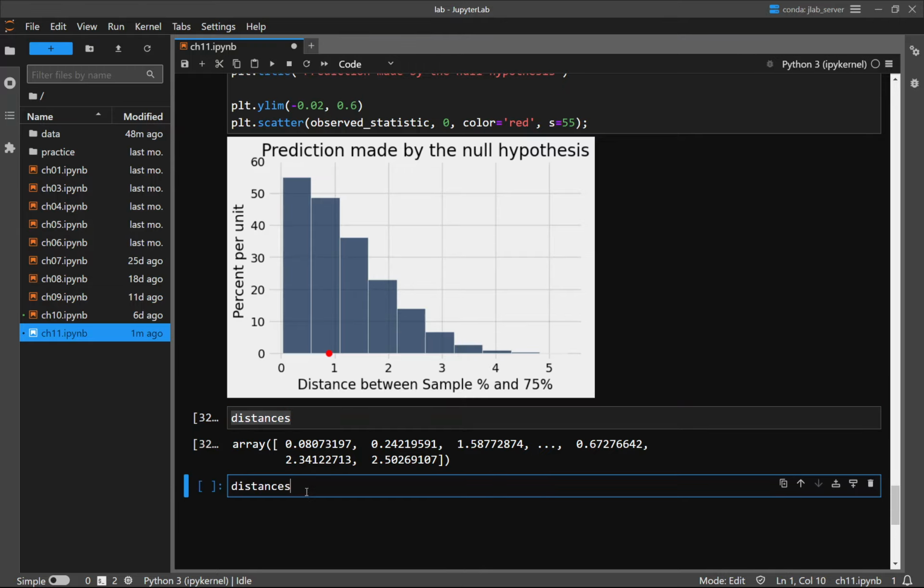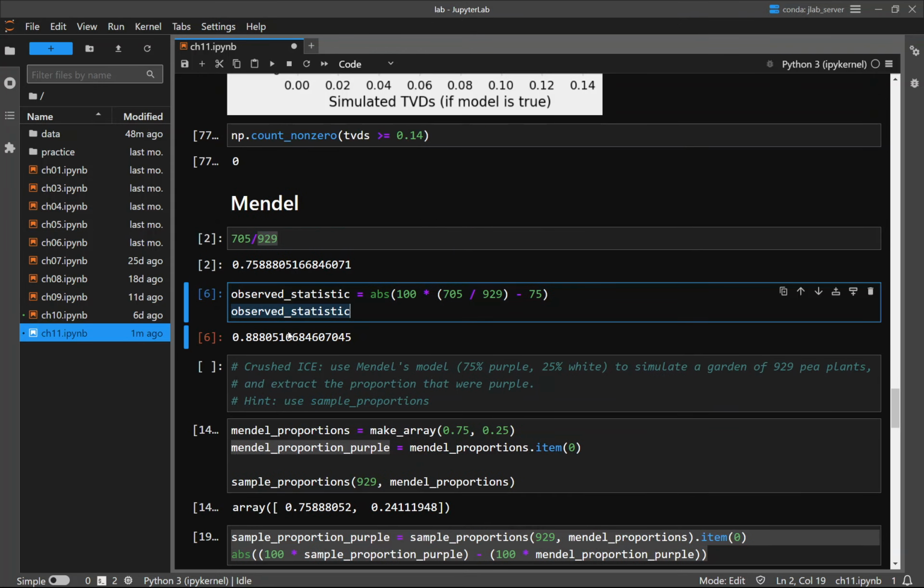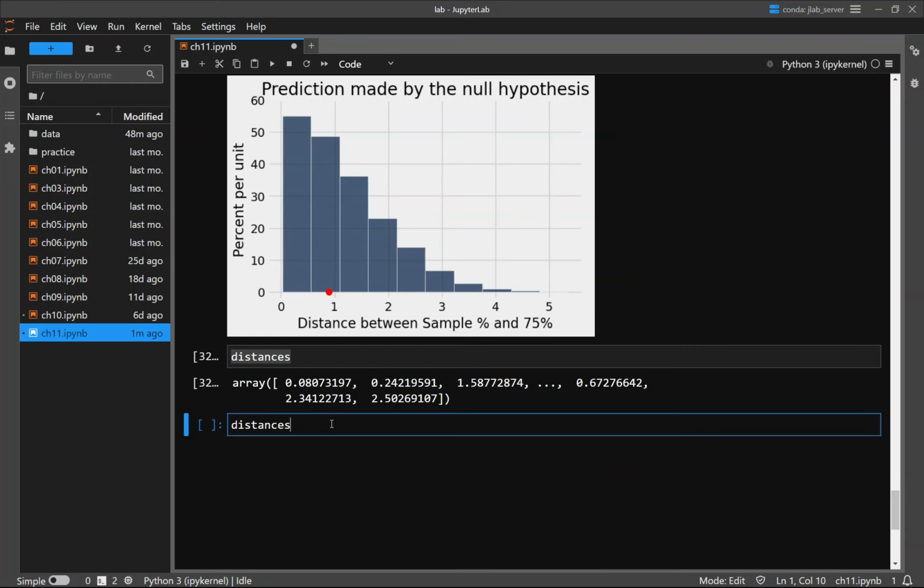When I look at my distances, how did it compare to the thing that I saw? We've called that observed statistic. That's the 0.88. That's the distance that we saw in the real world.